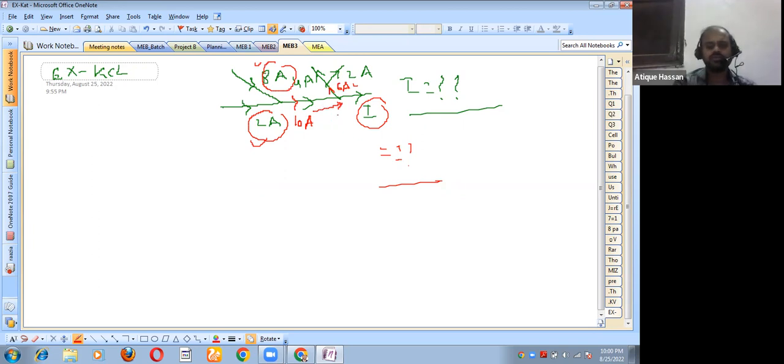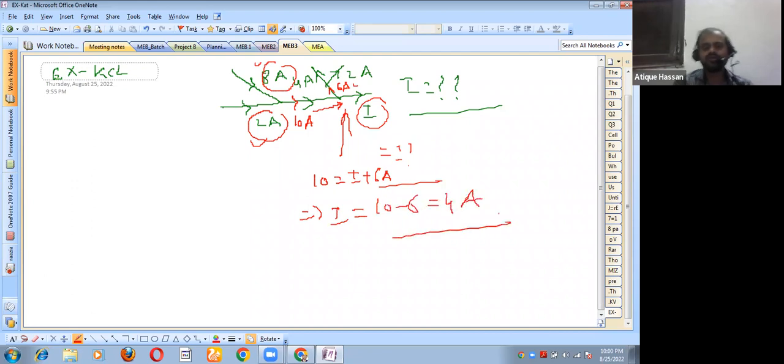So now for this junction, what can you write? You can write 10 is incoming. 10 should be equal to I plus 6. I and 6 are outgoing. So from here you can find the value of I. 10 minus 6, it should be 4 ampere. All of you understood it?